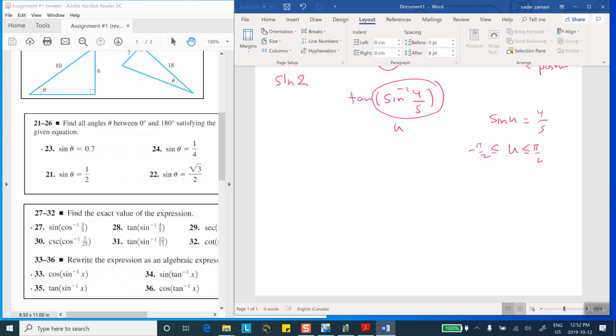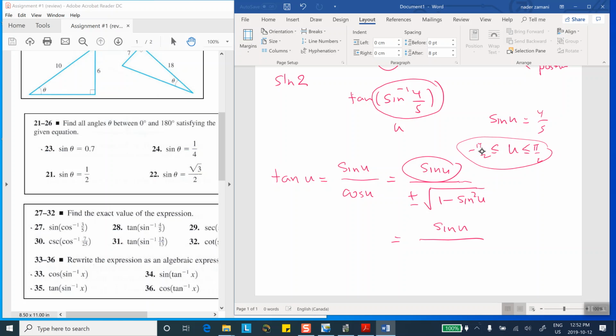Now, tan of u is equal to sine of u over cosine of u, so sine of u over plus or minus square root of 1 minus sine squared u. This is where you have to be careful. The sine of u is not an issue. The denominator is plus or minus, but remember, if you are between pi over 2 and minus pi over 2, cosine must be positive.